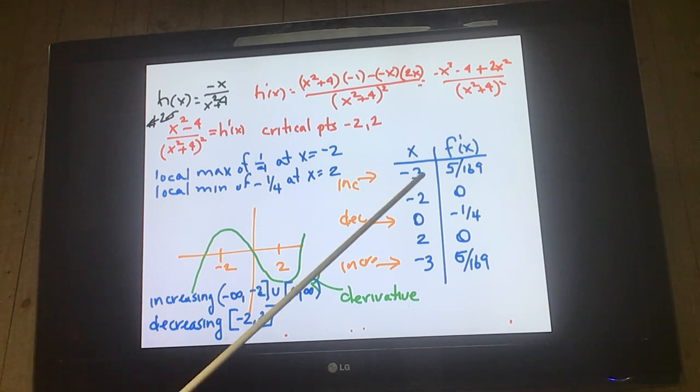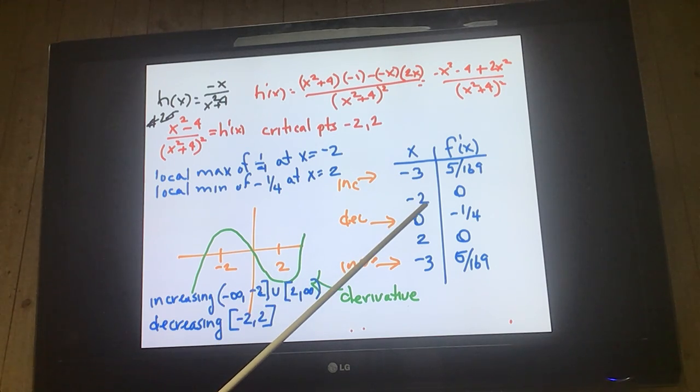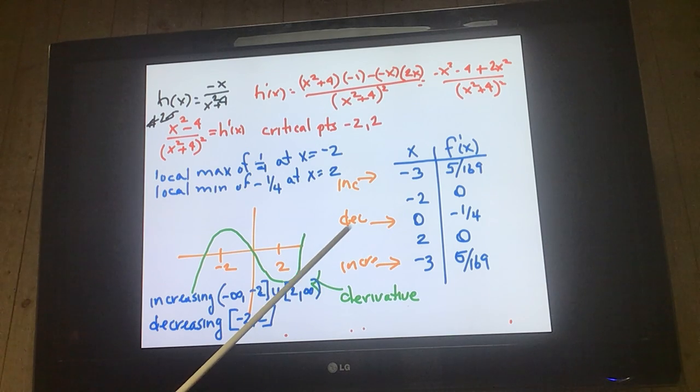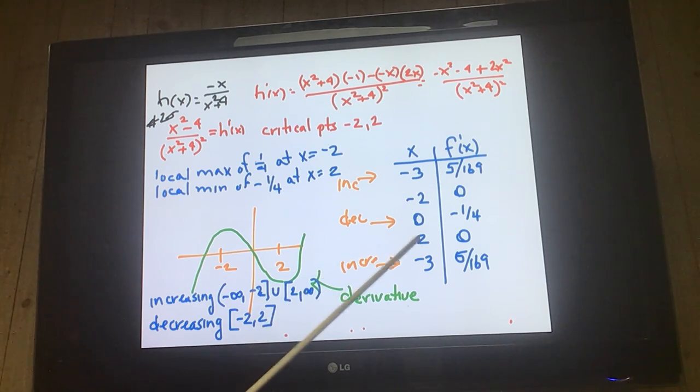Where am I increasing? From negative infinity to negative 2. And again, the endpoints are included, increasing and decreasing. From negative 2 to 2, I'm decreasing, and from 2 to infinity, I'm increasing. All right, so here's my derivative graph.